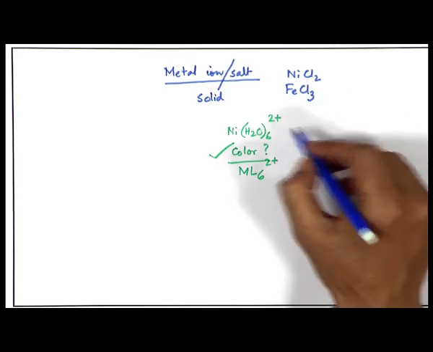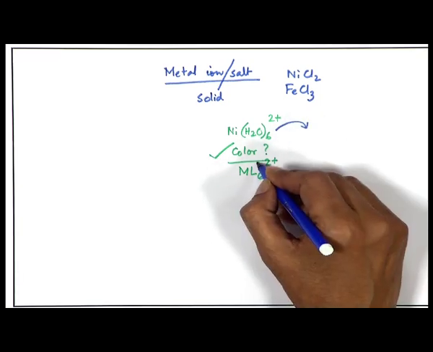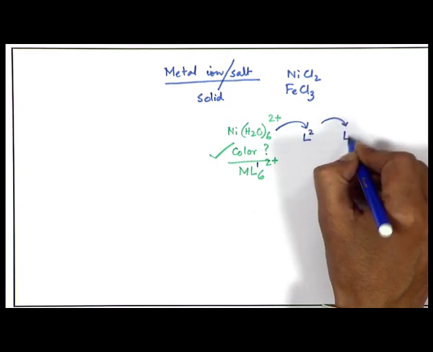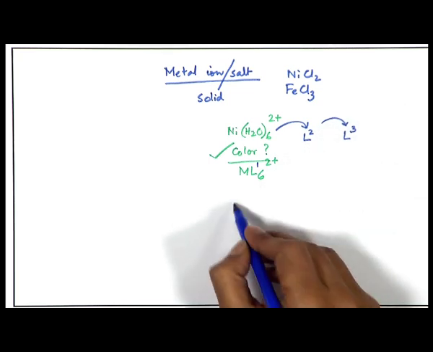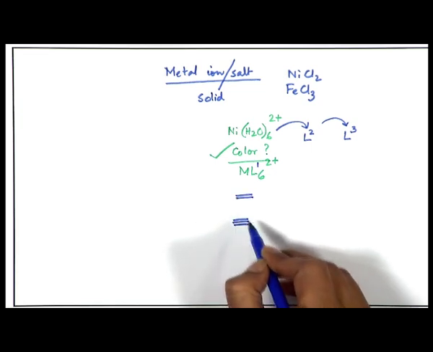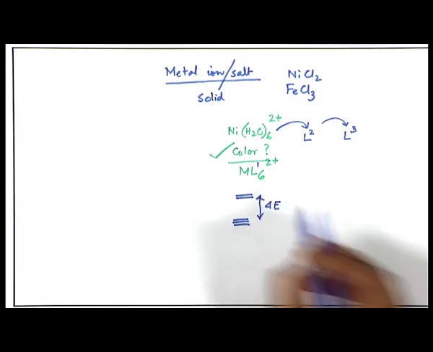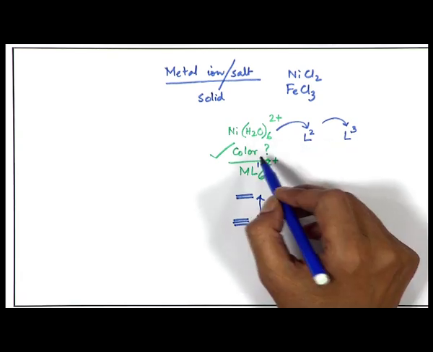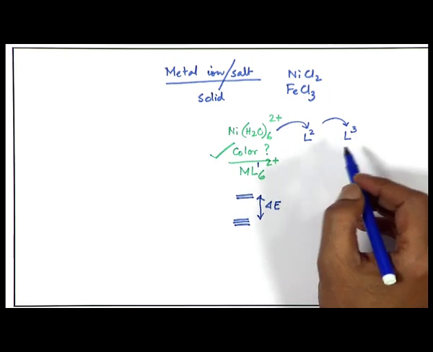So, if we move from this ligand to some other ligands, suppose this is L1, if we move from L1 to L2 to L3, what happens? We all know that if these are octahedral, there is some separation which is our delta E. So, depending upon the nature of these ligands, the color depends on the nature, number and shape of these ligands.